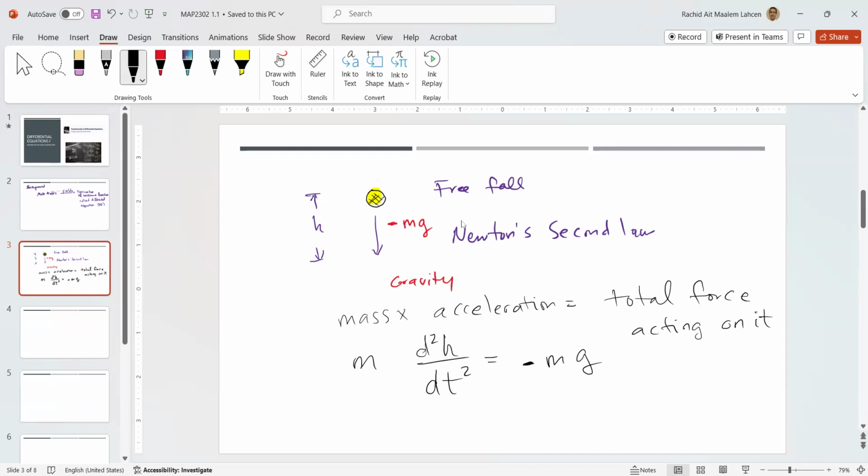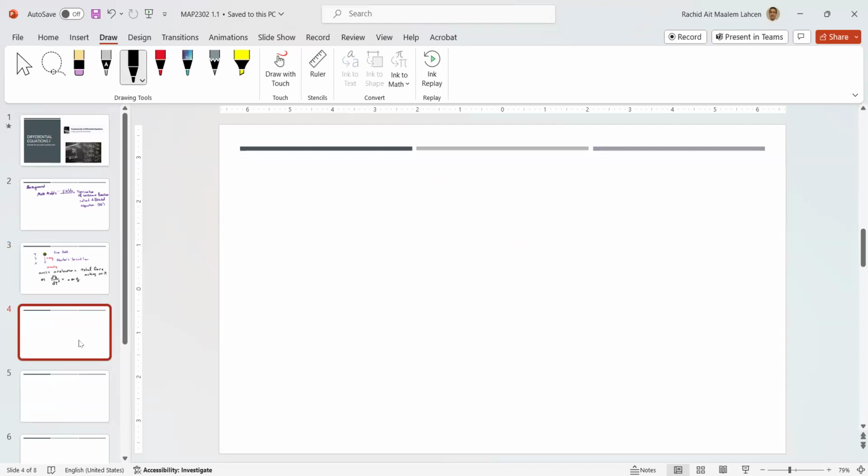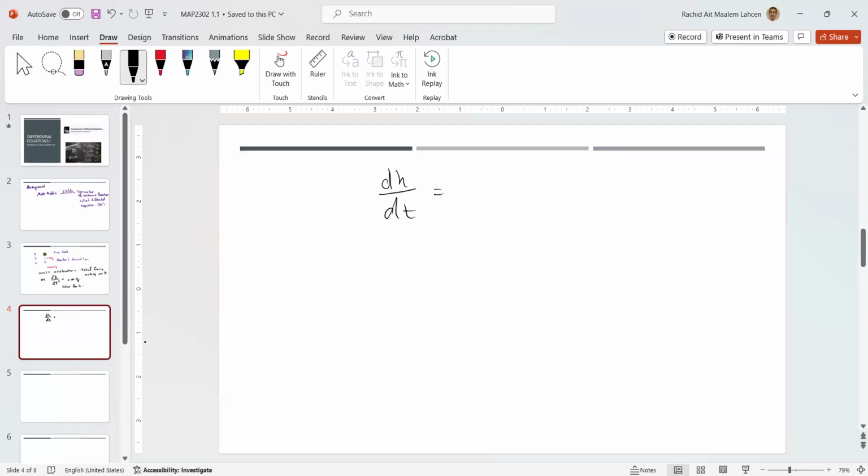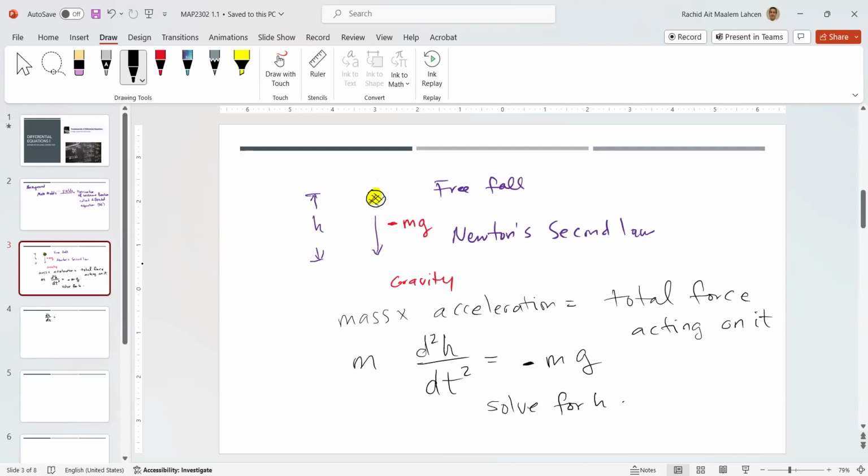We take this and try to figure out, let's say, the position, which means you need to integrate. So we're going to go from the second derivative to the first one using integration. We need to solve for h, right? Let's rewrite.